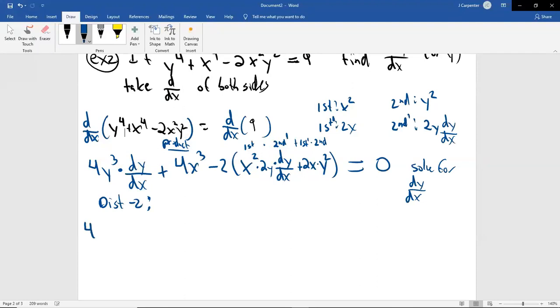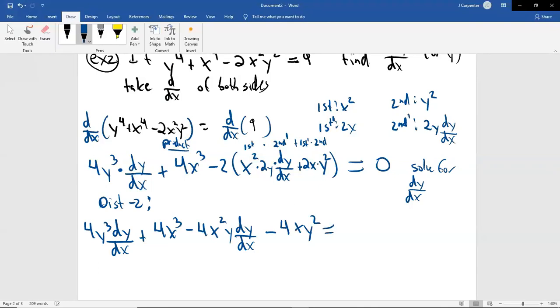So we'll get 4y cubed dy dx plus 4x cubed minus, now there's already 2's in each of these, so that's going to be a -4x squared y dy over dx, and no, these x's don't cancel, -4xy squared equals 0.